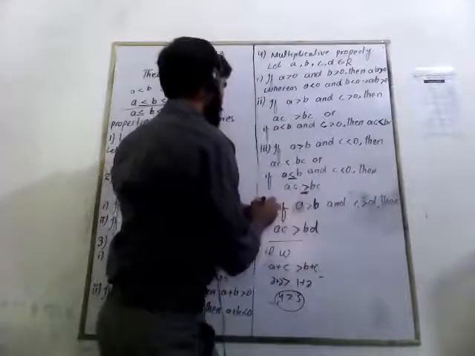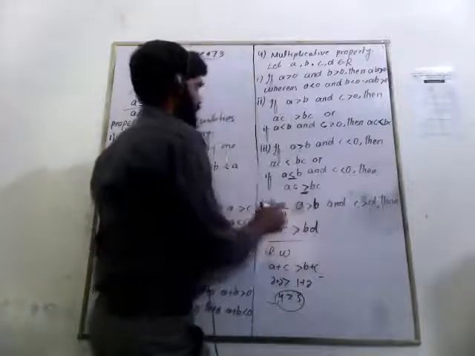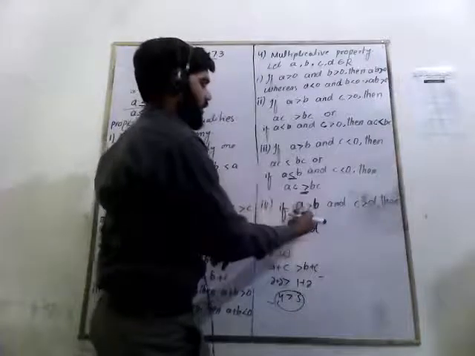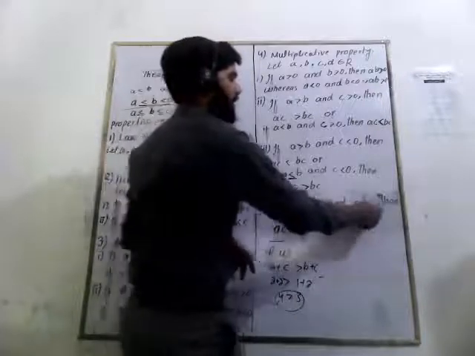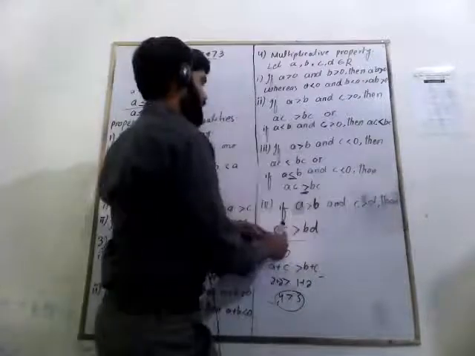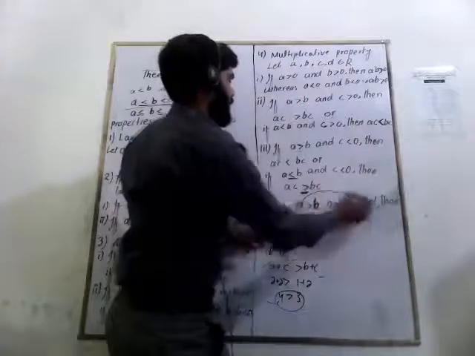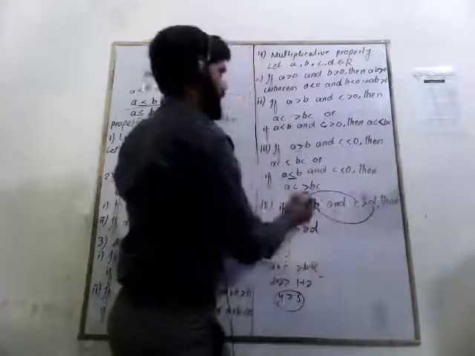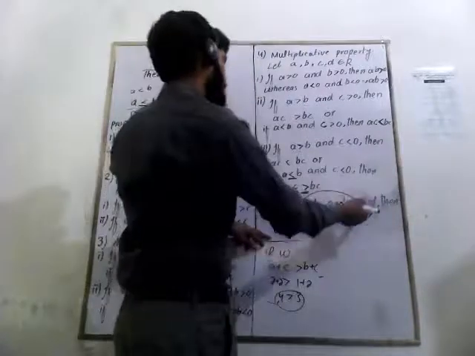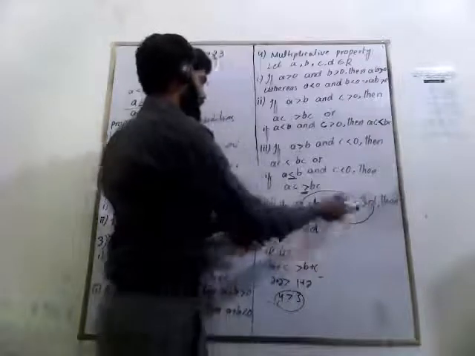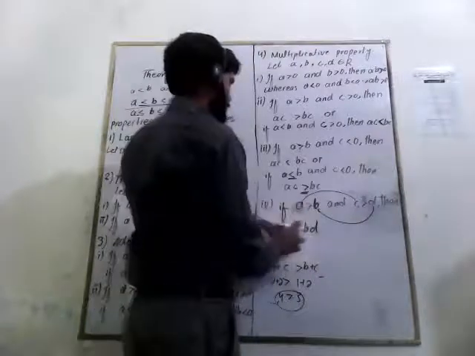In the fourth case, if a is greater than b and c is greater than d, then a into c, the left hand side multiplied with the left hand side and the right hand side multiplied with the right hand side. So the inequality sign will stay as it is. So a into c is greater than b into d.